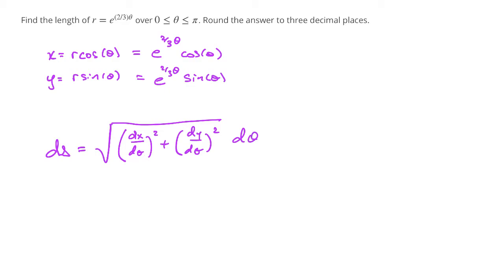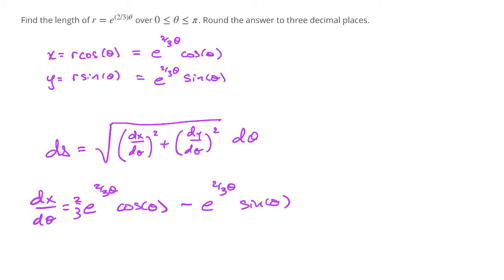So taking x to be e to the 2/3 theta cosine of theta, what we then have for dx d theta is e to the 2/3 theta cosine of theta times 2/3, minus e to the 2/3 theta times sine of theta.